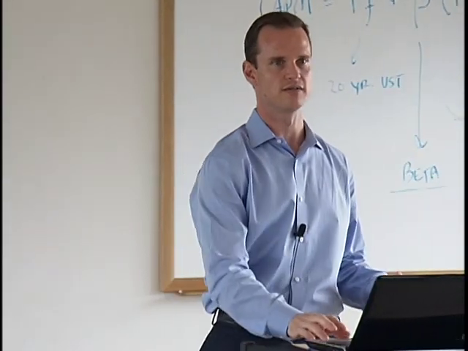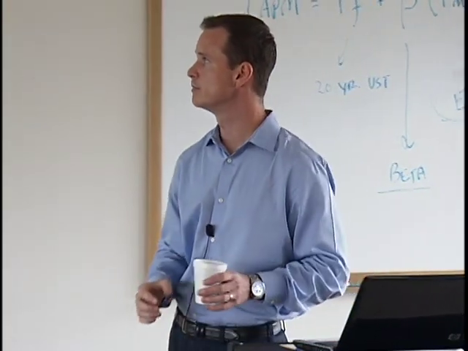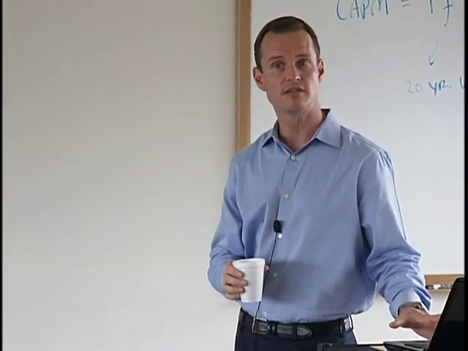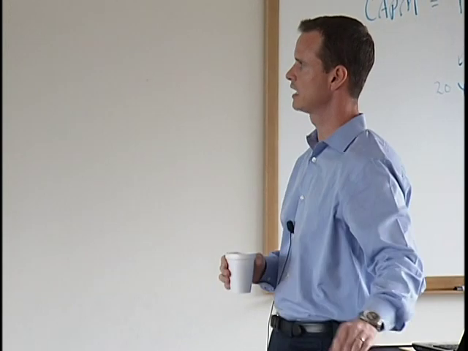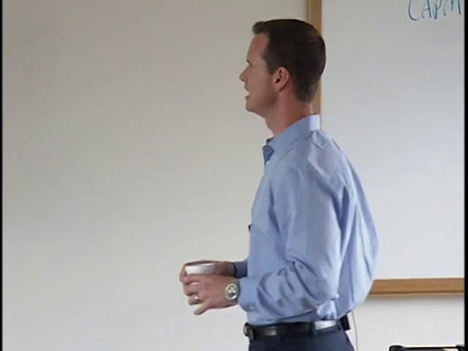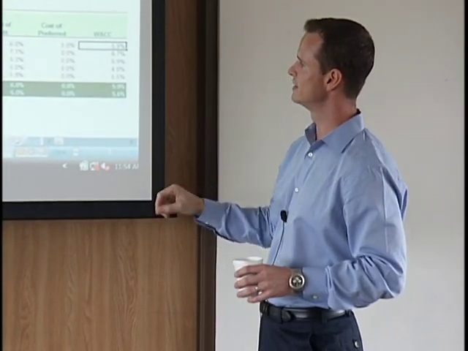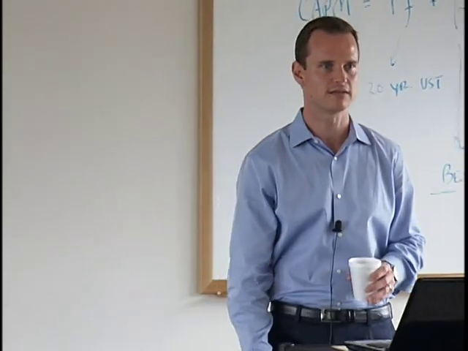We can multiply them out and calculate a weighted average cost of capital for each company. And that's exactly what we're doing in this formula here. Same formula we showed in the slides. We're just putting it to work here to calculate a WACC for each company. And when we look at all the data, we have weighted average cost of capital ranging from 4% to 6.7%, median of 5.9%, mean of 5.6%.